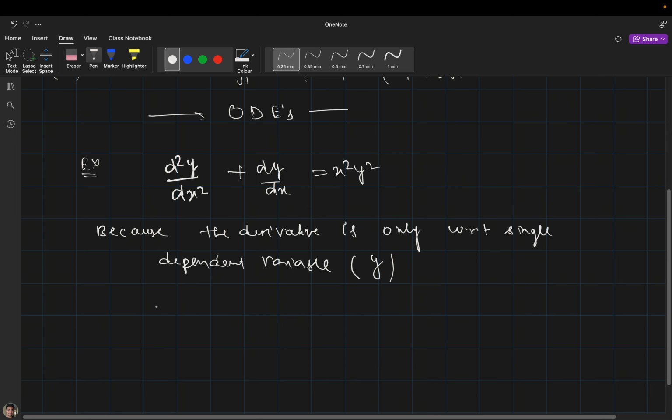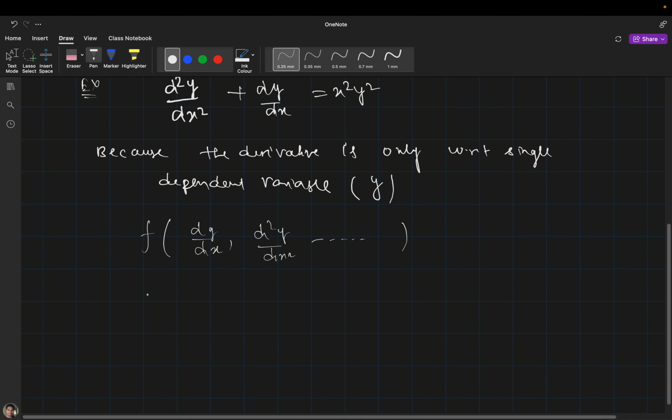You will see this kind of equation, but you will not see something like f of dy by dx comma d. Suppose it is a first independent variable, you will not see this kind of function. You will only see this kind of function, so that is called ODE.